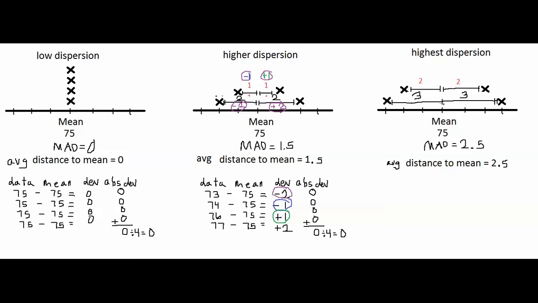The absolute deviations also show the distance from each value to the mean, but the difference is that the absolute deviations are always positive. Remember, these are the absolute deviations, which just mean all they show is that this person is 1 from the mean, this person is 1 from the mean, or 2 from the mean and 2 from the mean.